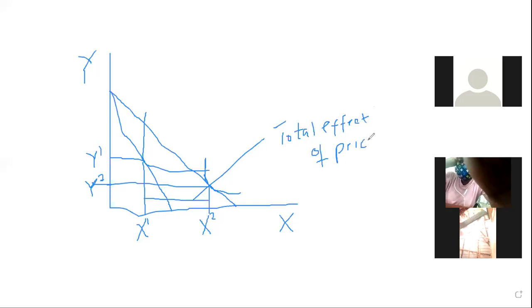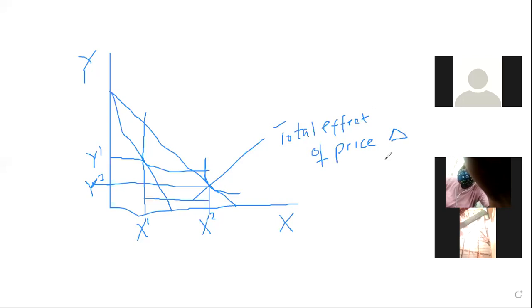Right? So in simple terms, if the price changes and you change quantity, the change in quantity is your total effect of the price change. That is pretty straightforward.